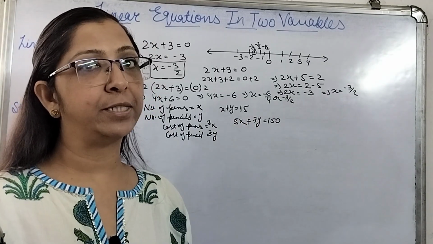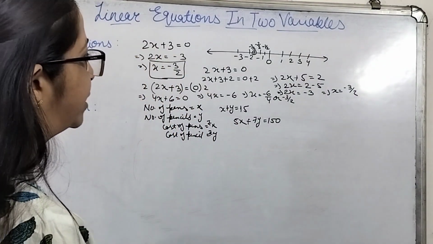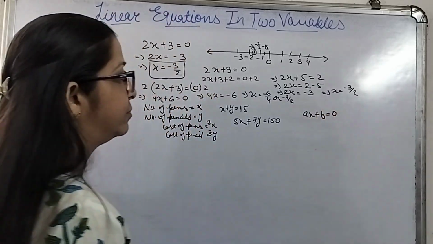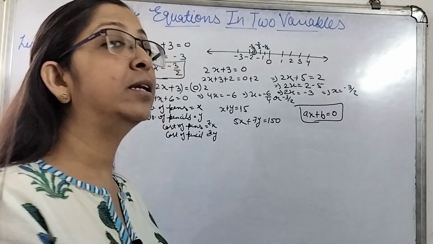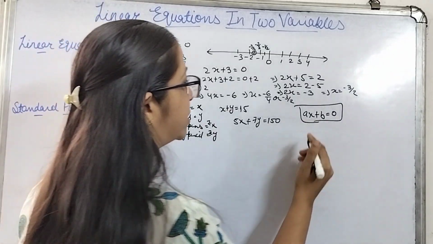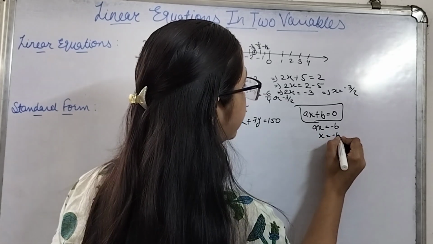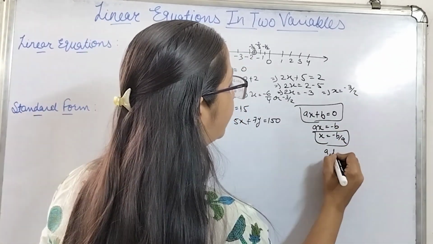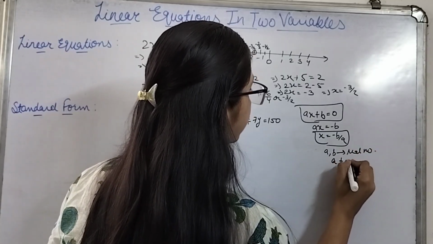The standard form of a linear equation in one variable is ax plus b is equivalent to 0. The root of this equation will be ax is equivalent to minus b, or we can say x is equivalent to minus b over a, where a and b are any real numbers and a cannot be 0.